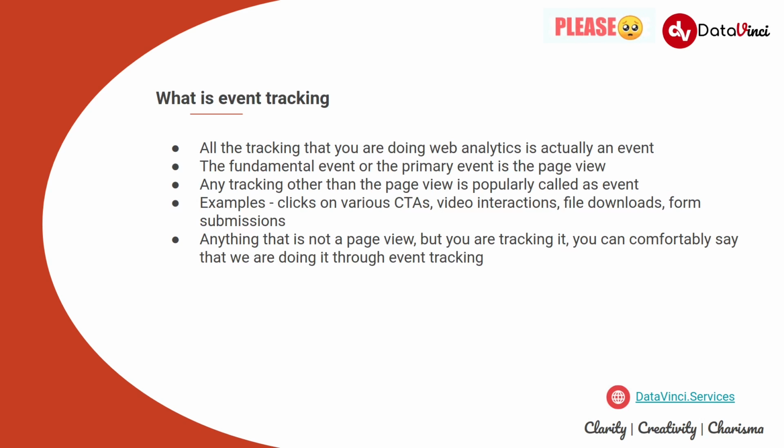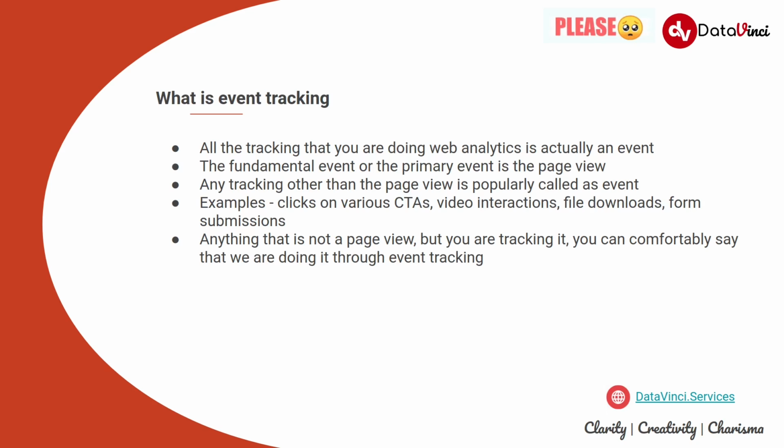And if you have to tell someone that we are going to enable event tracking, you can say comfortably that other than page view, if you are tracking anything else, that can also be an impression, or something where the user is not interacting but which is coming up. For example, a pop-up that came without user interaction, and you want to track how many times that pop-up came.